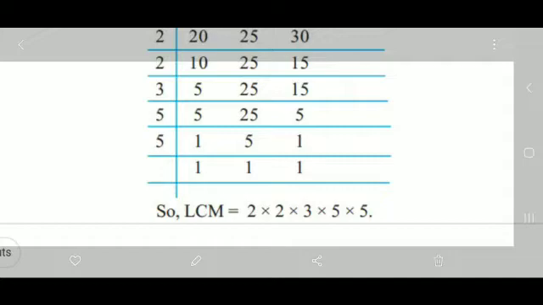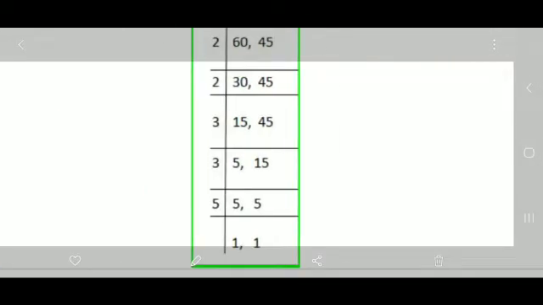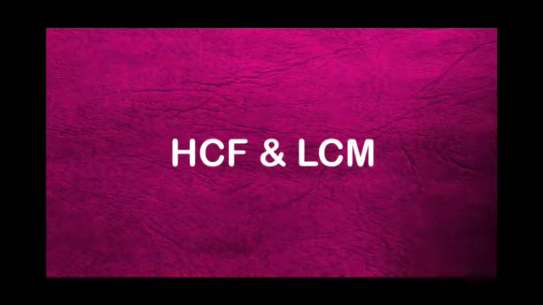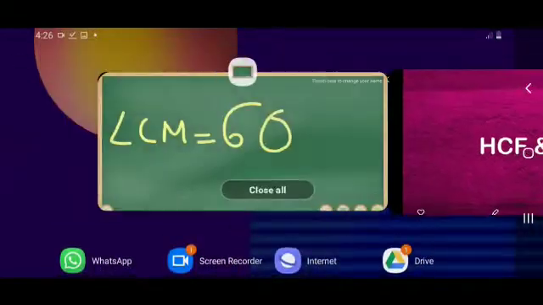Then let's see the next question, 60 and 45, the same way. Let's do the problems. Do one thing. All of you take the book and write.